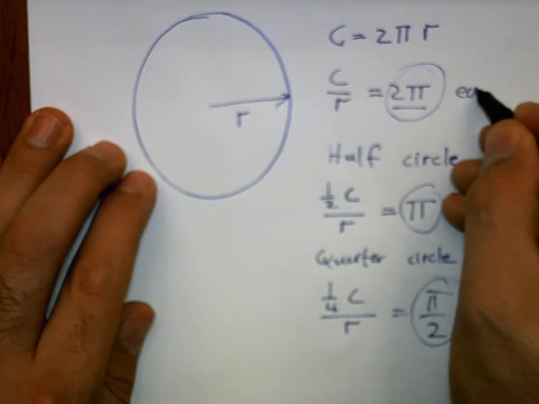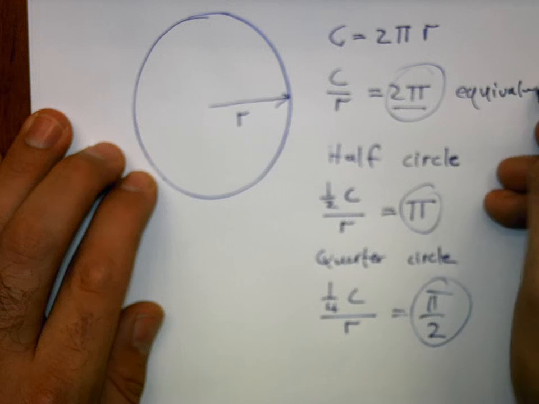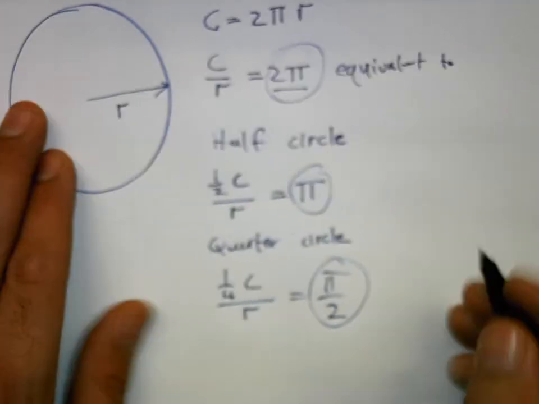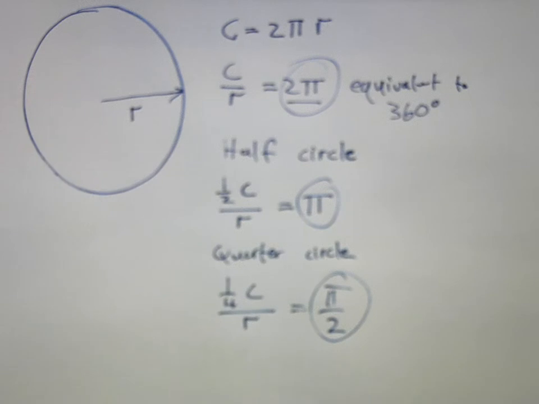This is equivalent to basically 360 degrees. So full circumference or full rotation, we know is described by 360 degrees, but by just using the formula for the circumference of the circle, we can also say, well, we can relate a full rotation to the number 2 pi.